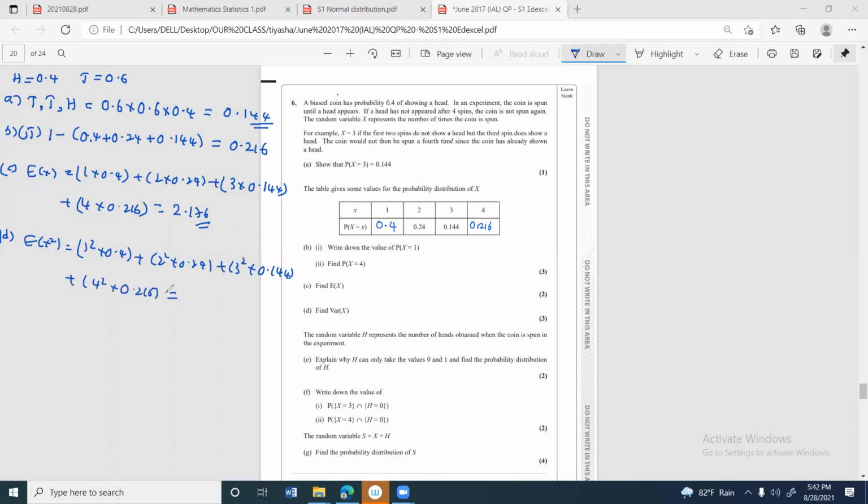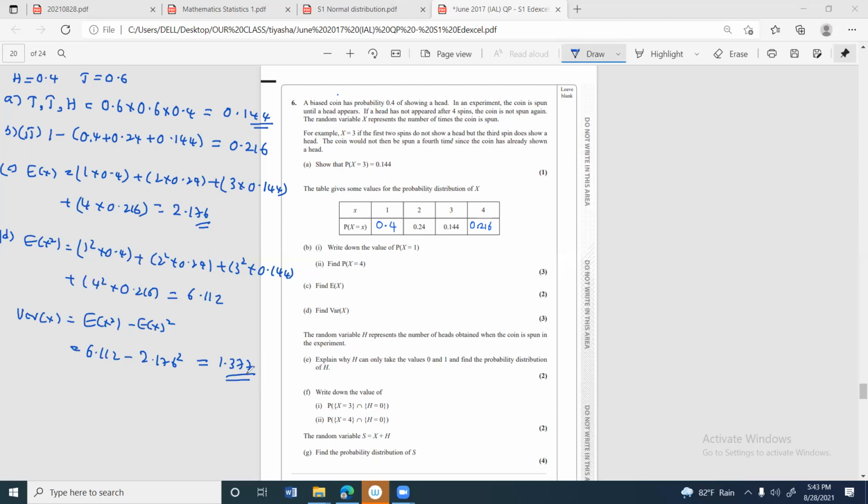This answer becomes 6.112. Then the variance of X is E(X squared) minus E(X) whole squared. That's 6.112 minus 2.176 squared. With this, you can get the variance of X as 1.377. That's the way of getting the answer up to that extent, right?